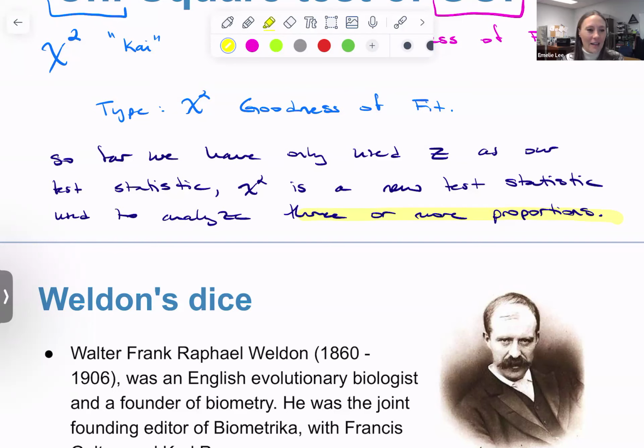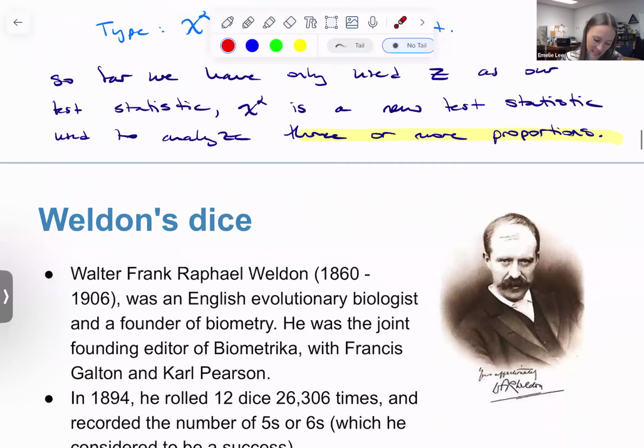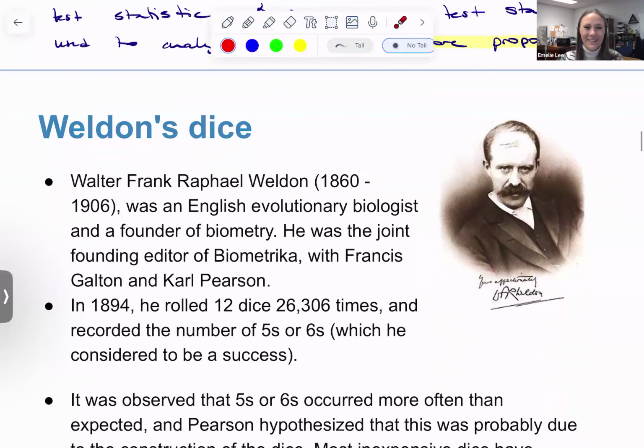One of the examples that I want to introduce here is this fun, slash exhausting sounding experiment by Walter Frank Raphael Weldon. Quite a long time ago, 1860 to 1906. He was an English evolutionary biologist and founder of biometry. Anything that ends in metry is statistics.